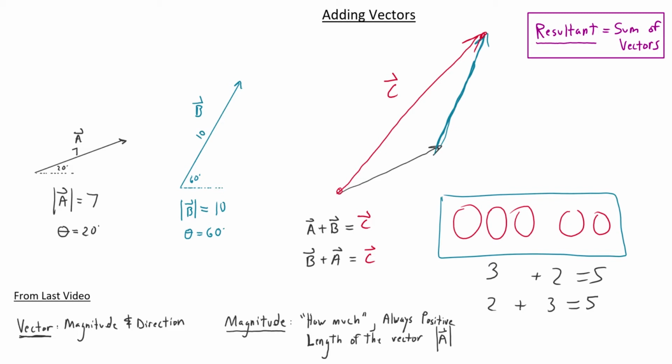If I wanted to start by drawing B here, so here's B, and I extend from B with A, I'll get that same C. The resultant is always drawn from the very beginning to the very end of your last vector. Because of this method, this way of adding vectors is known as the Parallelogram Method of adding vectors.